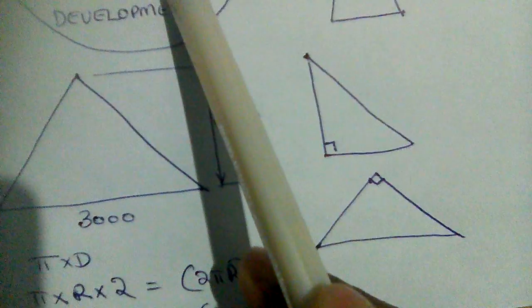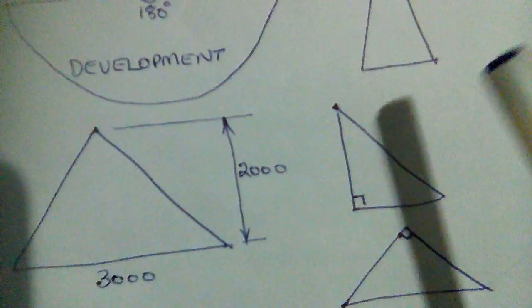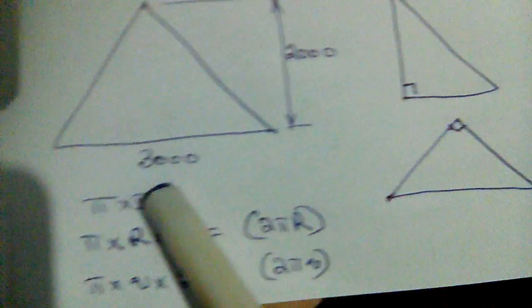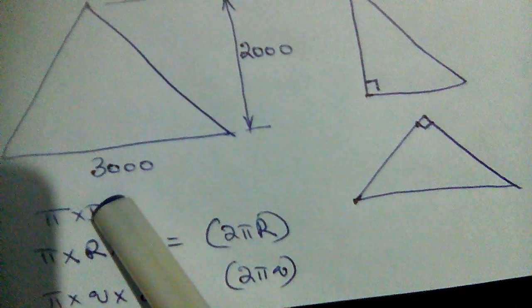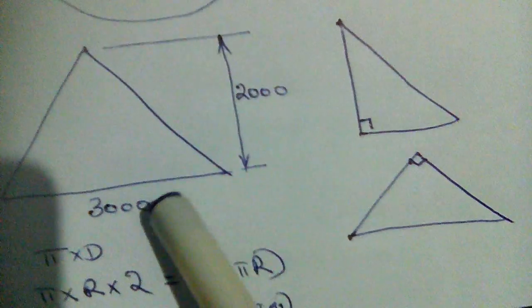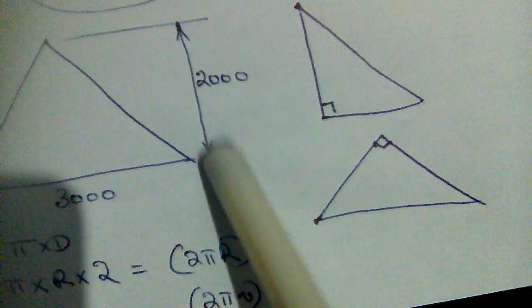Now I am going to teach you. Before teaching, I would like to tell about pi d. For that purpose, just once again think about the cone we studied for this development. It was 3000 diameter and its vertical height was 2000.